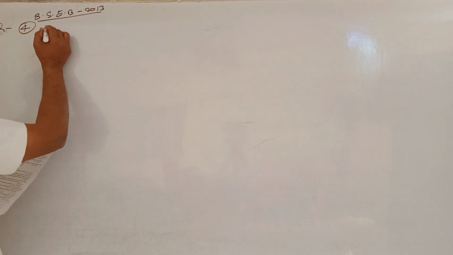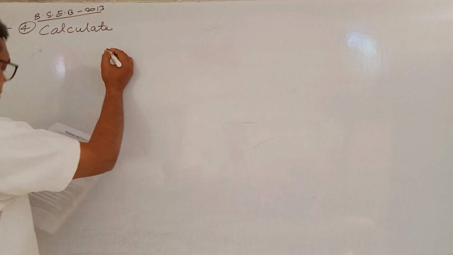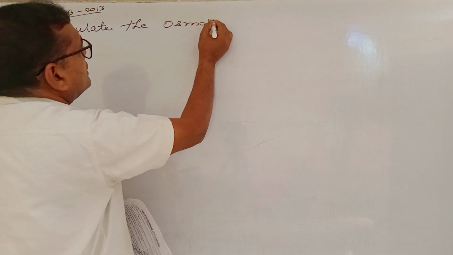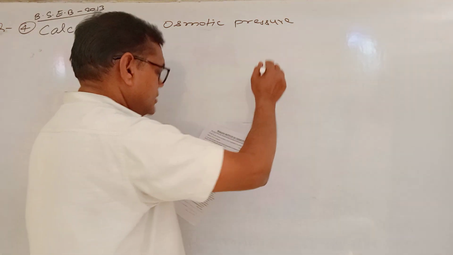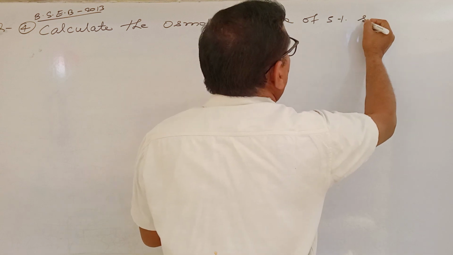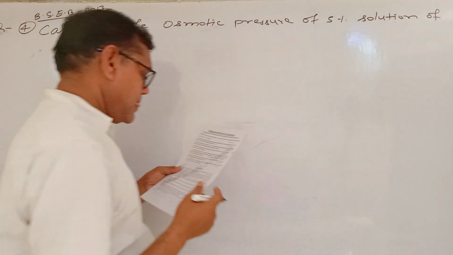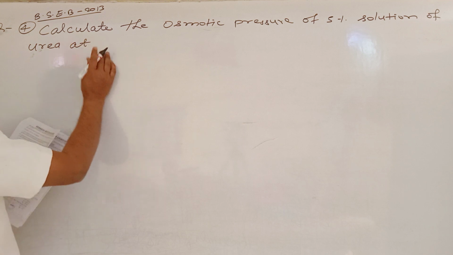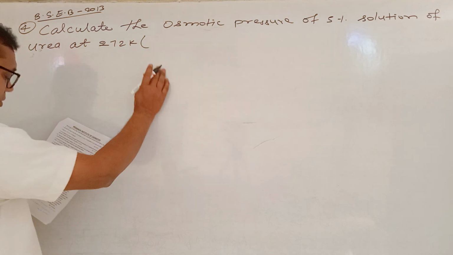Question is: calculate the osmotic pressure of 5% solution of urea at 272 Kelvin.